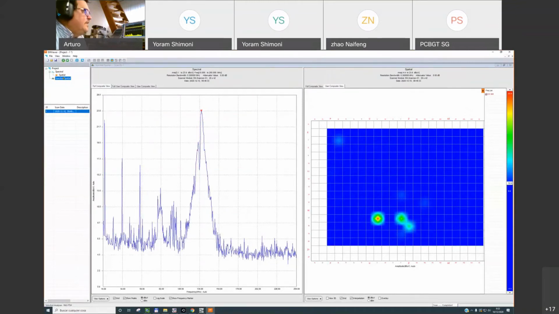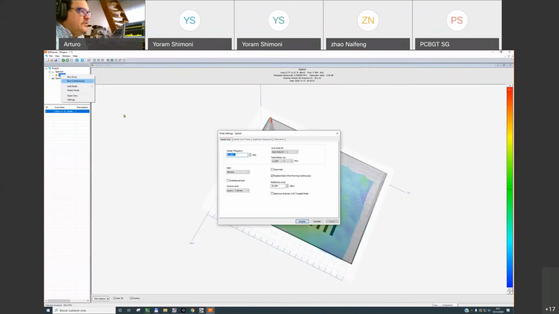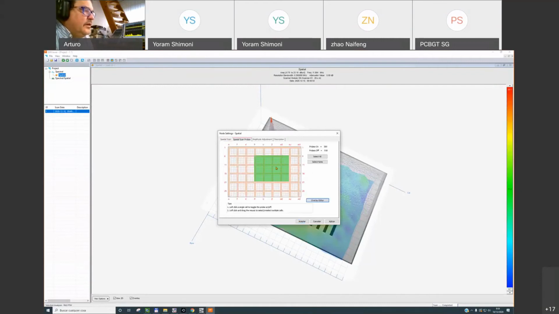Let's repeat the spatial scan for 130 megahertz with a resolution bandwidth of 300 kilohertz. Now let's reduce the area of scanning to accelerate the process.